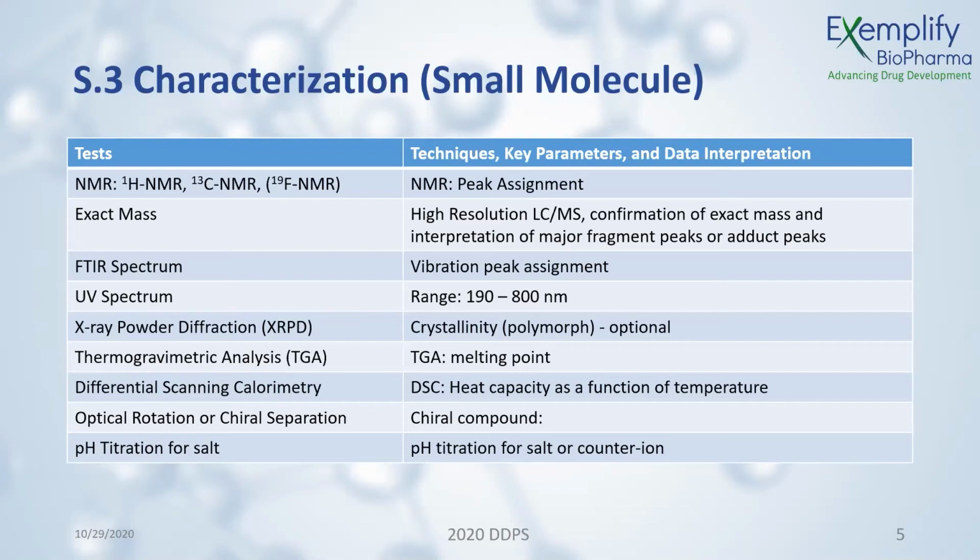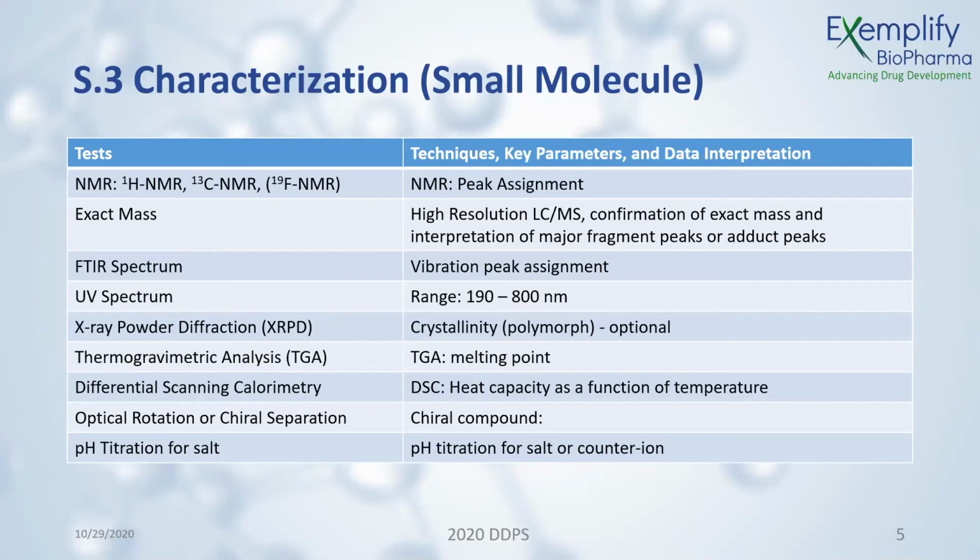If you have a chiral compound, ideally, if you have a single crystal for your chiral compound to determine the absolute configuration, that would be great. But a lot of times at early stage, it's difficult to obtain the single crystal. At the minimum, you should have an optical rotation and a proper control for your chiral compound.